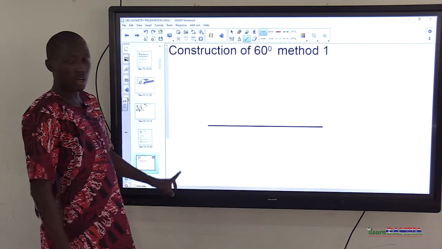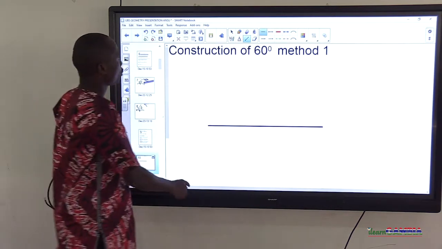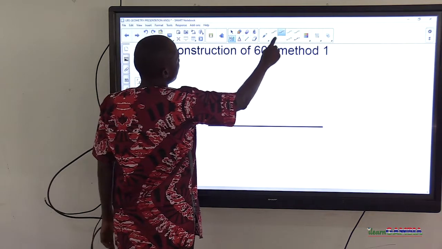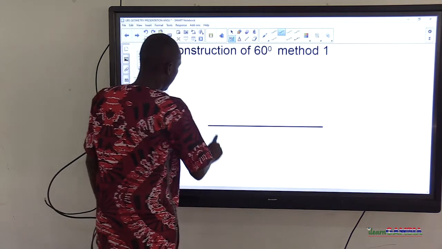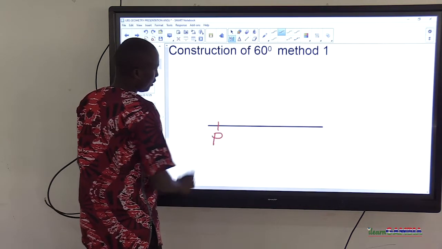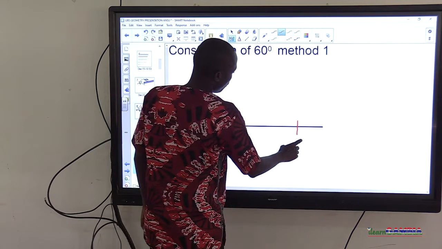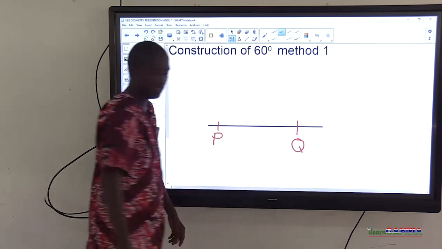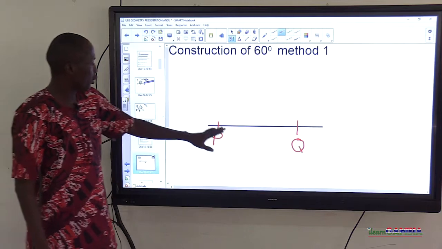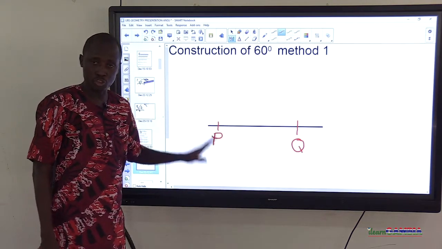One point will be called P and the other point will be called Q. So we mark and call this point P, and this point here will be called Q. This is one arm of the angle that we are supposed to construct.